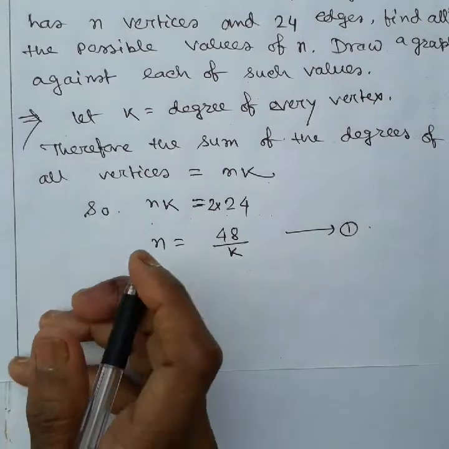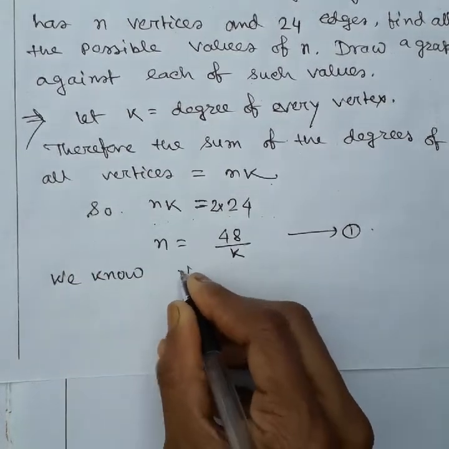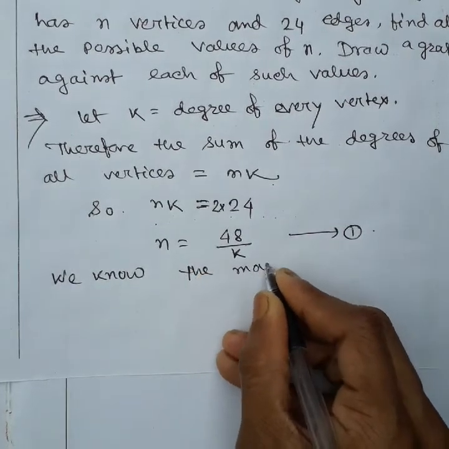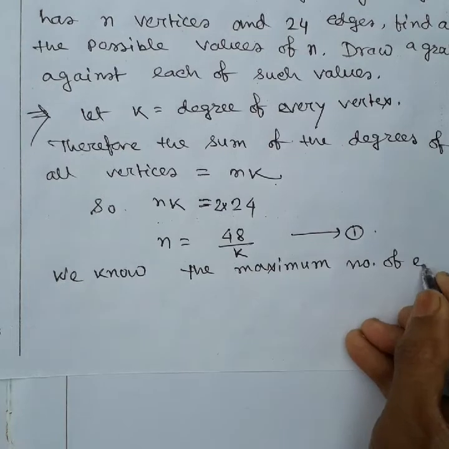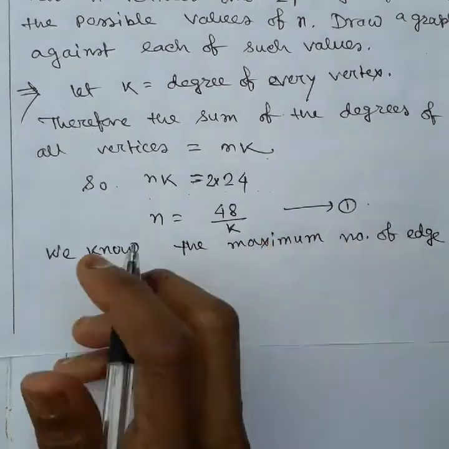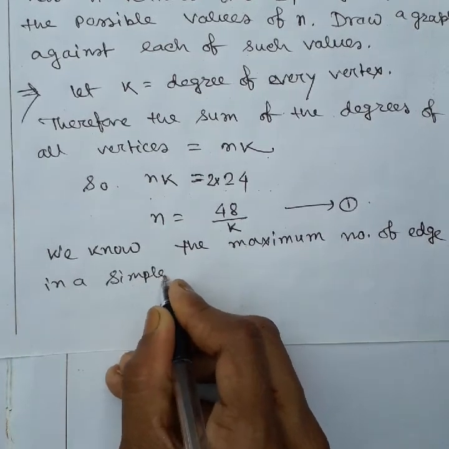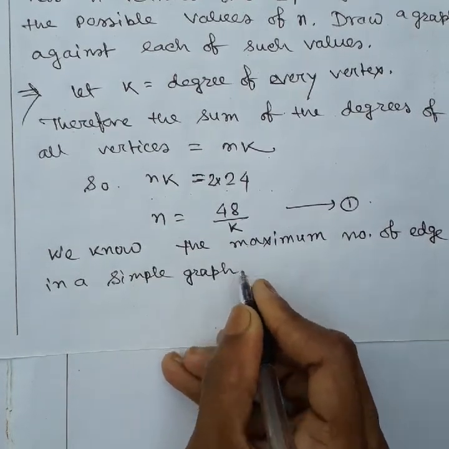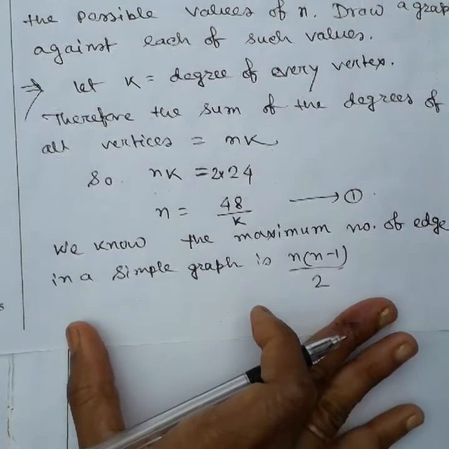Okay, and we know the maximum number of edges in a simple graph is n into n minus 1 by 2.